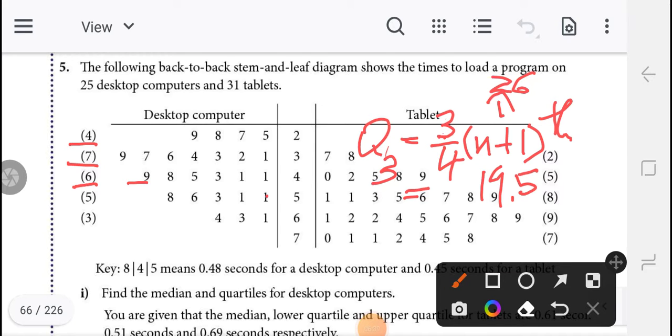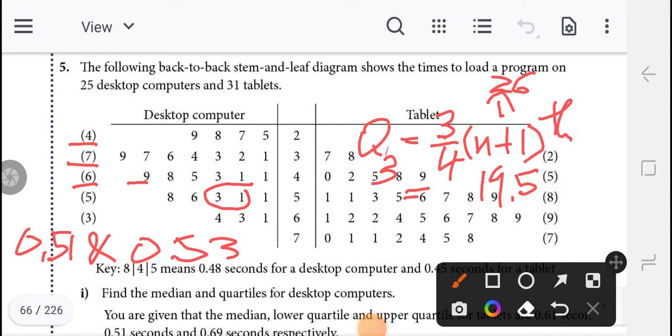That should be the 18th number, that should be the 19th number, and that should be the 20th number. So our upper quartile is the average of these two: 0.51 seconds and 0.53 seconds.